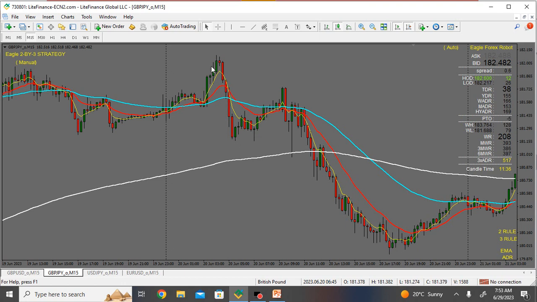So all these qualify the 3 low rule. So these are the 3 candles. Then the trend tried to make an uptrend. 2 candles, first candle, but 2 candles between which is not qualifying the uptrend.